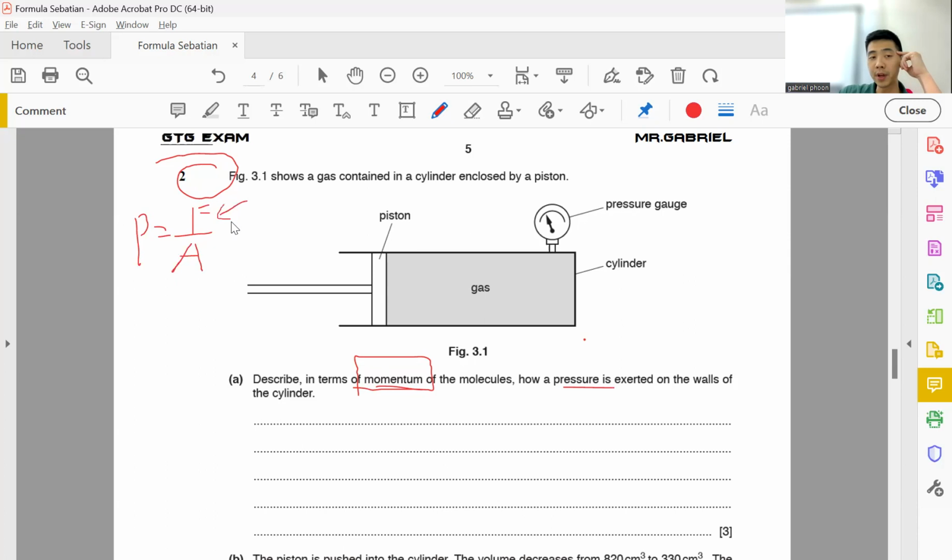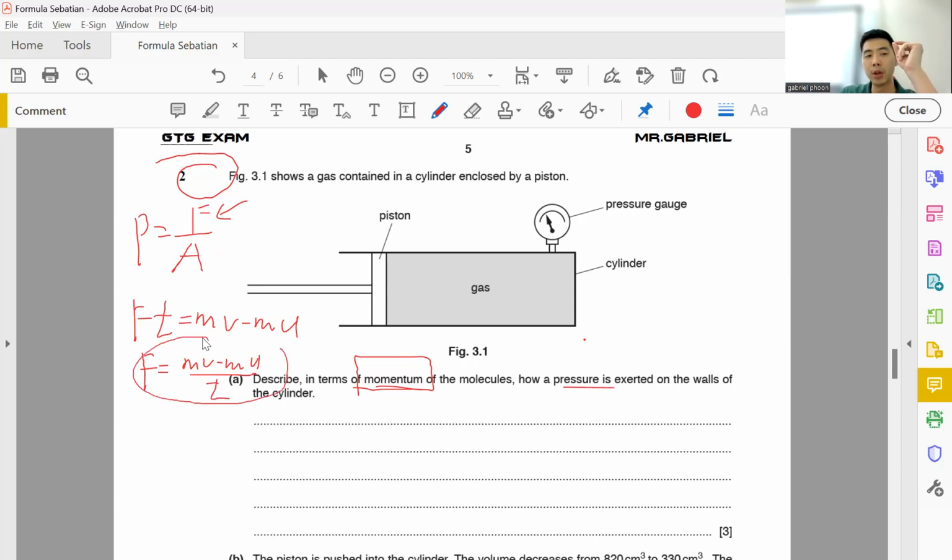So from here, only force can be related to momentum, right? Because we know for a fact that impulse is Ft equals mv minus mu, right? So if I want to find force, it's basically the rate of change of momentum, right? Guys, try to understand this theory. Don't memorize it.